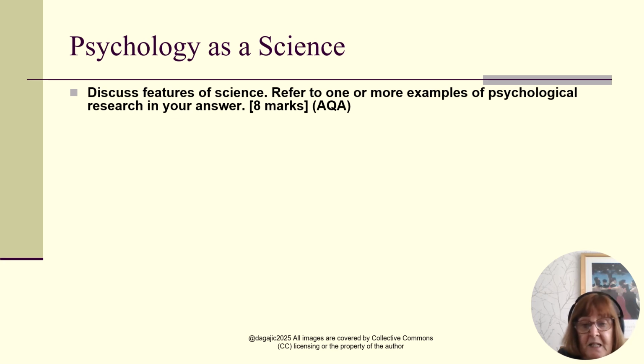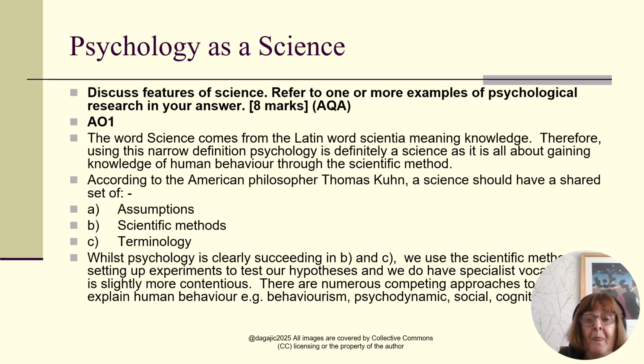Now, because this is a debate, is psychology a science or isn't it a science? We want evidence from each side. So we want evidence that psychology is a science and evidence that it isn't. So at AO1, I've used Kuhn's research here, but you could use anything. It doesn't matter as long as you're explaining what it means to be scientific.